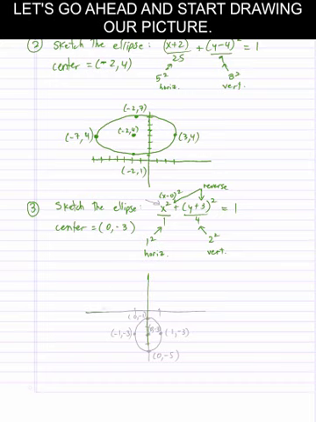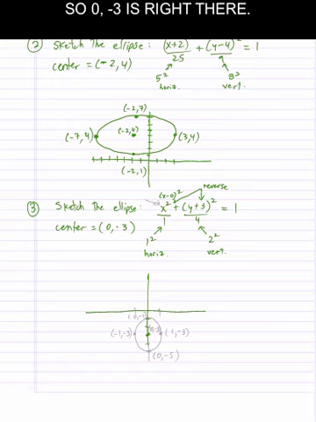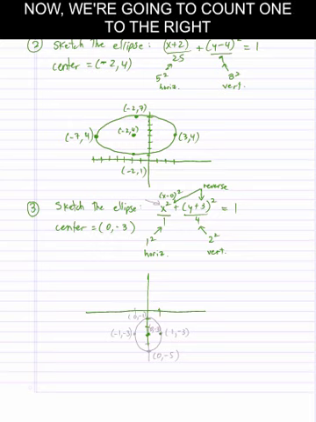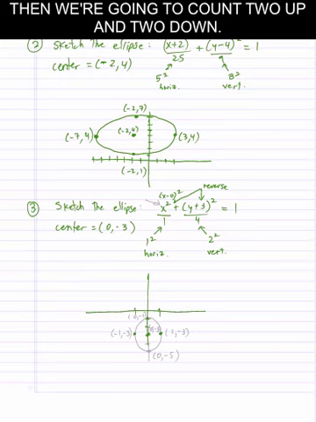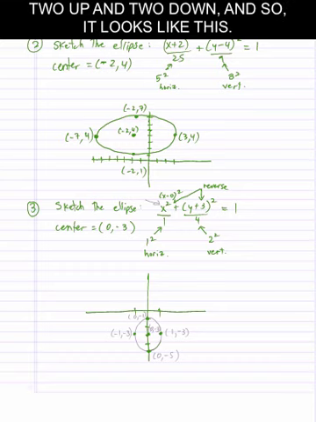Let's go ahead and start drawing our picture. So 0, negative 3 is right there. Now we're going to count 1 to the right and 1 to the left. Then we're going to count 2 up and 2 down, and so it looks like this.